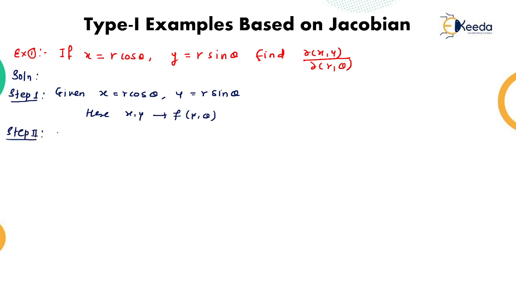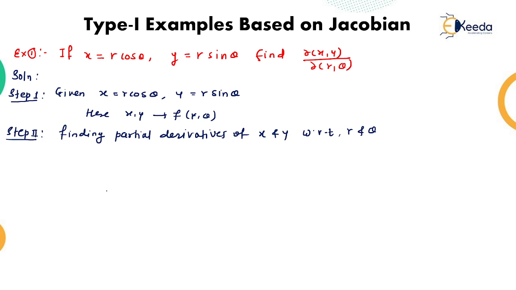In step number 2, you have to find the partial derivatives of x and y with respect to r and theta.